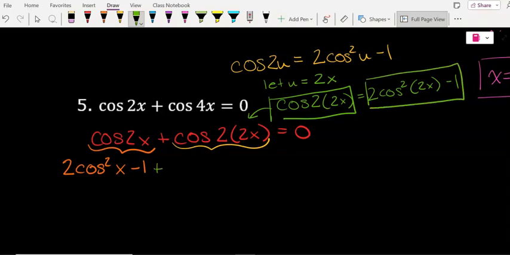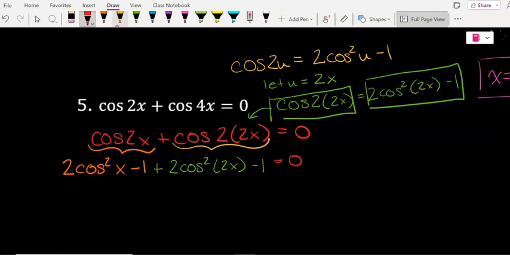So now I'm going to add 2 cosine squared 2x minus 1. And then that's going to be equal to 0. Okay? So you can see how each one of those kind of changed around. And now I can kind of start working with this and seeing what I've got.